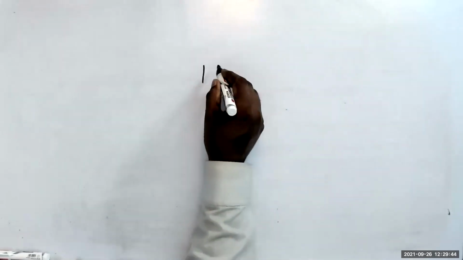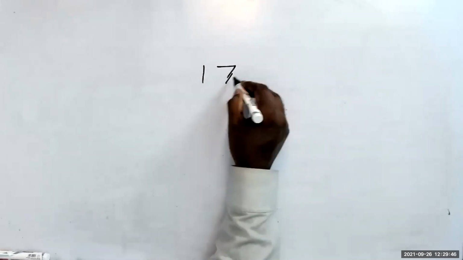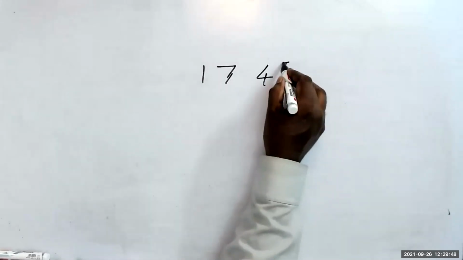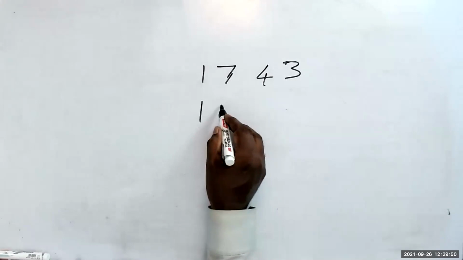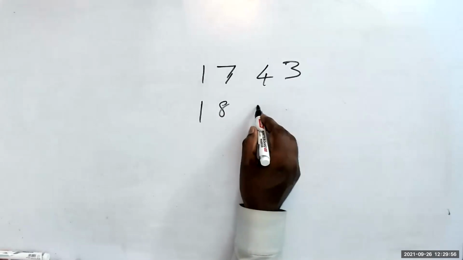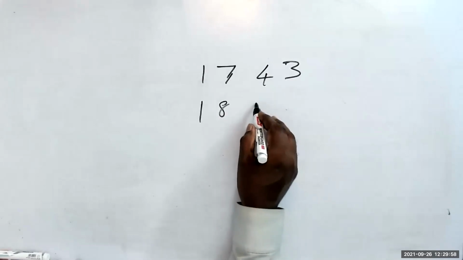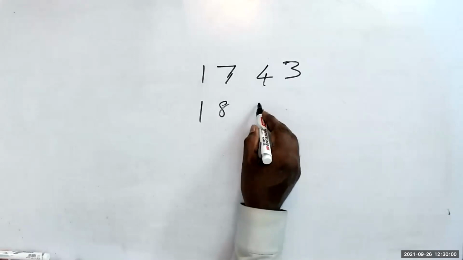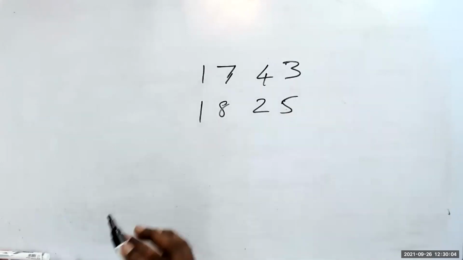Let me write a program, a 2-byte program. 1743, 18, 25. Am I right?